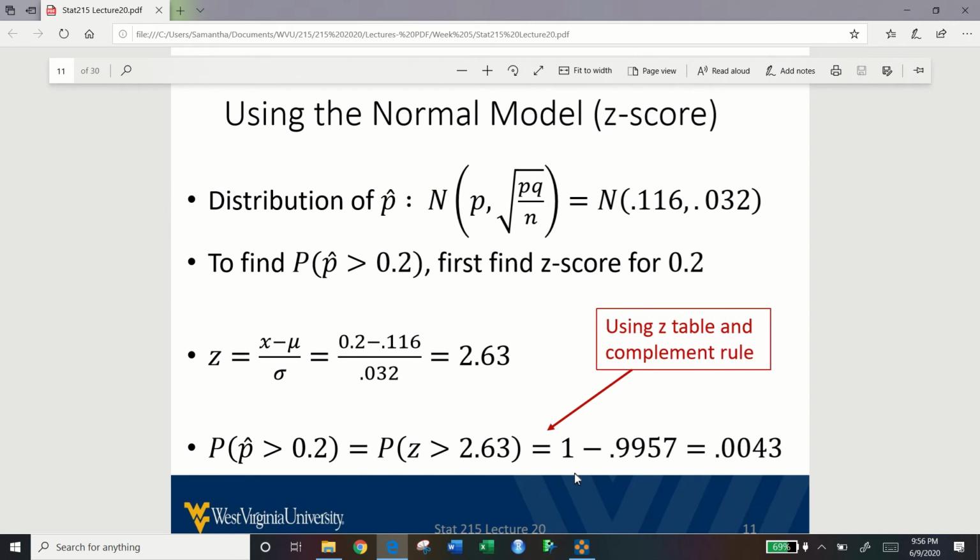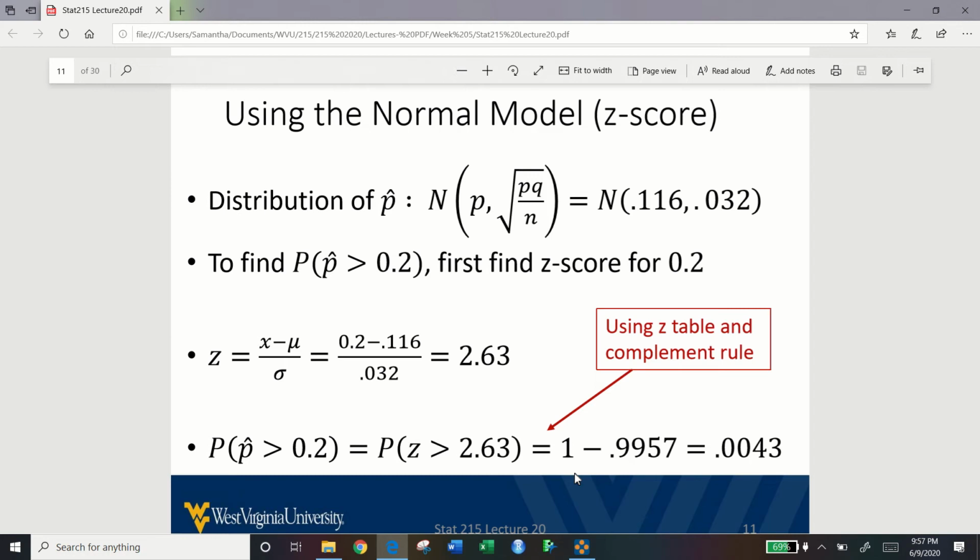Speaking of our normal model, we should talk about z-score. So as we know, p-hat is going to approximately follow the normal distribution with mean p and standard deviation the square root of pq over n. In our example, this means that it was following the normal distribution with mean of 0.116 and standard deviation of 0.032. As you recall, we were asked to find the probability that p-hat was greater than 0.2.